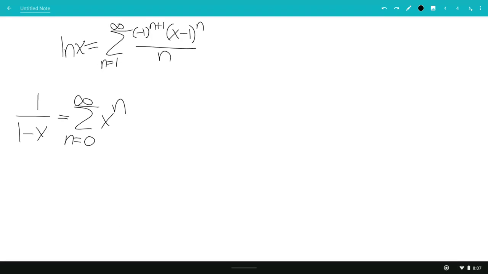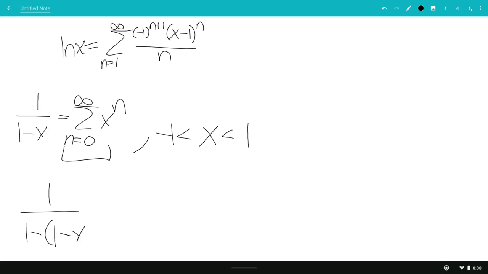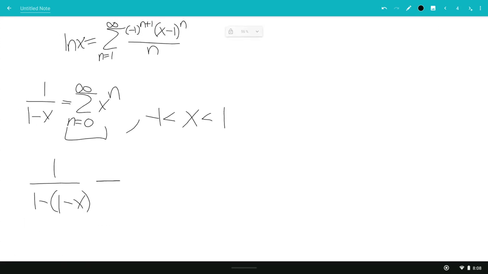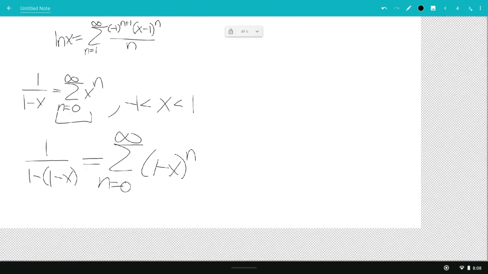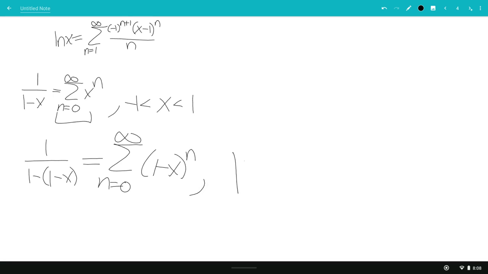Additionally, we know that 1 over 1 minus x is the sum on the right-hand side only when x is greater than negative 1 but less than 1. So if we make it 1 over 1 minus x, this will be 1 over x, so this will be the sum n equals 0 to infinity of 1 minus x to the n. But this is only valid when the absolute value of 1 minus x is less than 1.